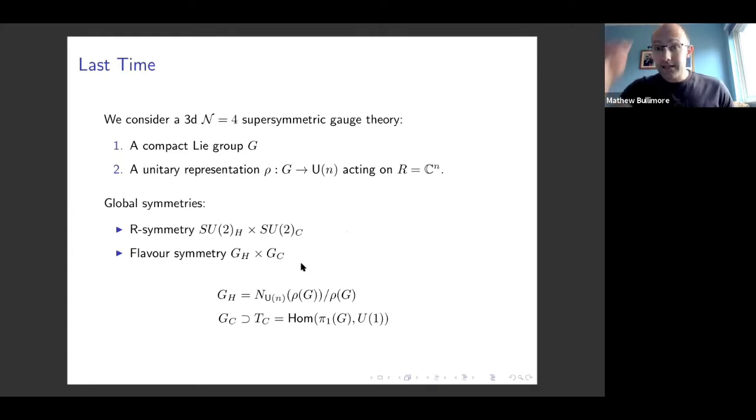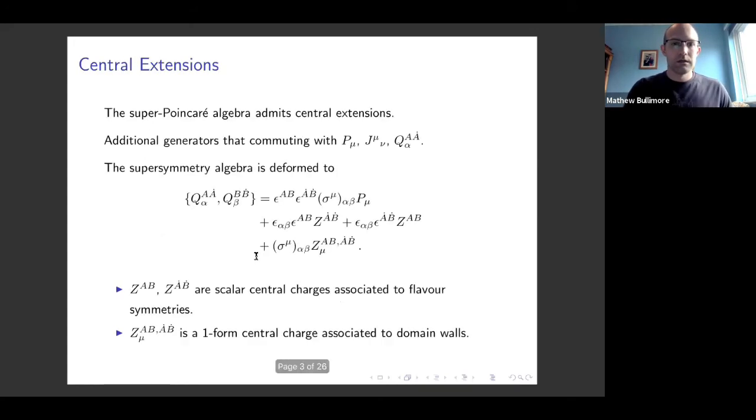So in today's lecture, I'd like to extend this and introduce some new ingredients into the story. In particular, I'm going to talk about introducing central charges into the supersymmetry algebra and some of the physics that entails. Okay, so here we go. Last time we talked about the supersymmetry algebra.